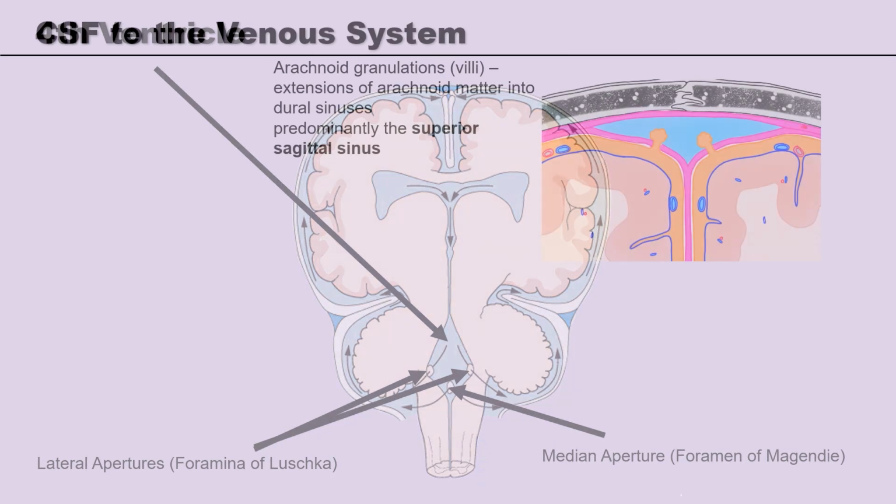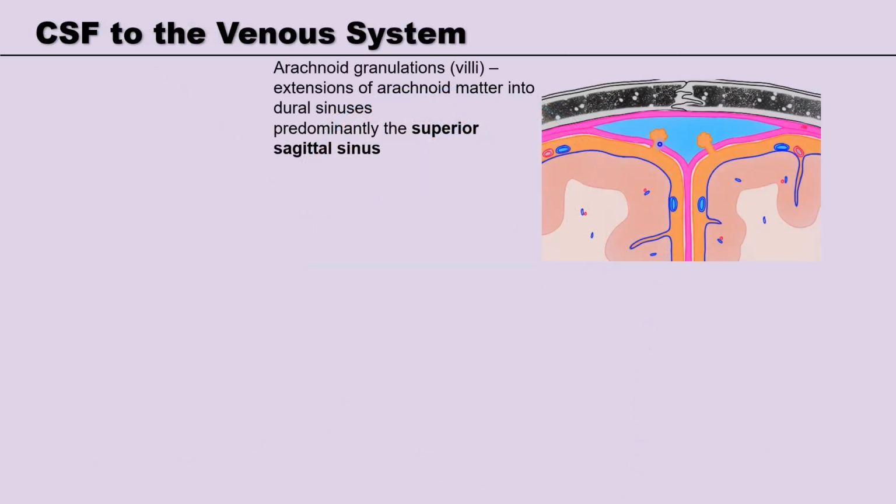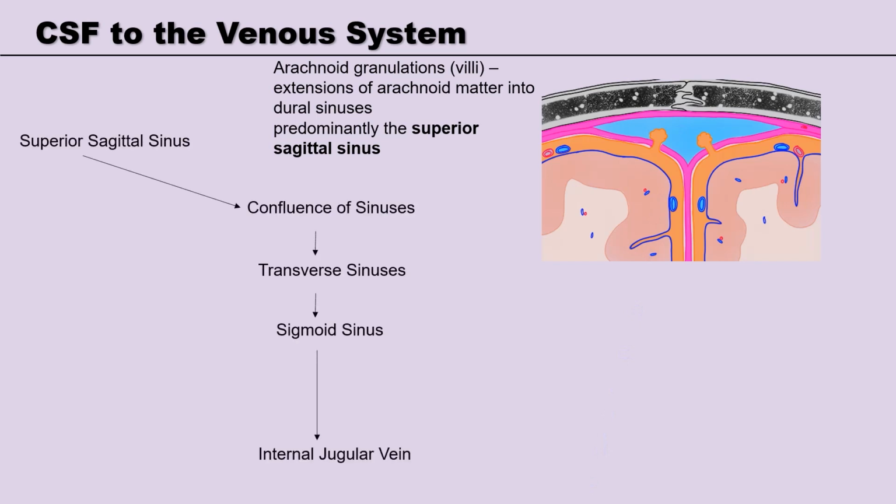The granulations pierce the meningeal layer of the dura mater and allow CSF to drain into the superior sagittal sinus, which then follows the normal drainage pattern into the confluence of sinuses, the transverse sinus, the sigmoid, and eventually into the internal jugular vein, where it continues to circulate via the heart.